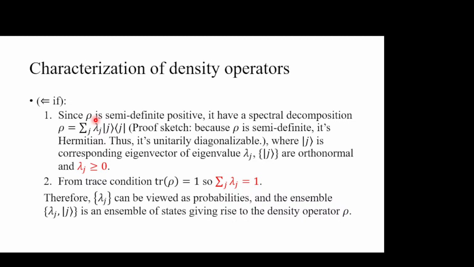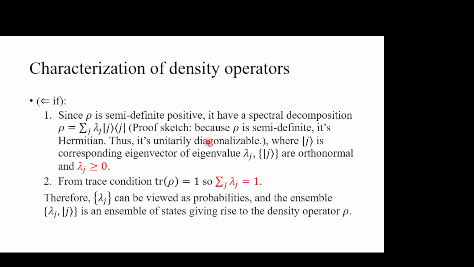Here we use the result that we stated in chapter 1, our first week, that any PSD matrix is unitarily diagonalizable. So it can be written in this form: summation over j of lambda j |j><j|.